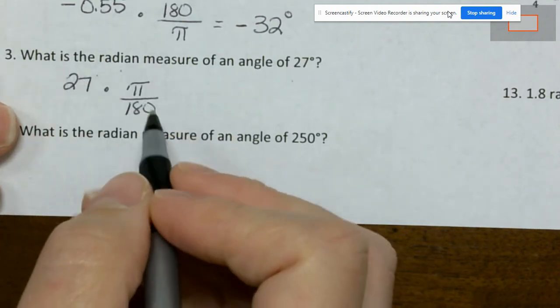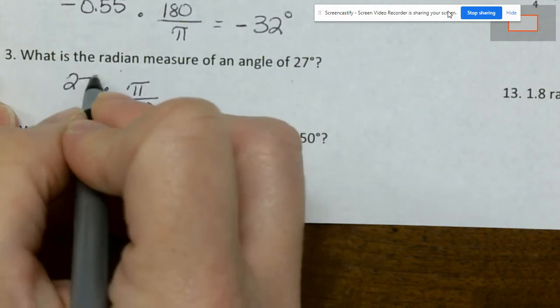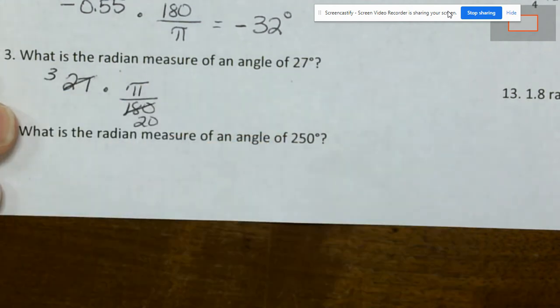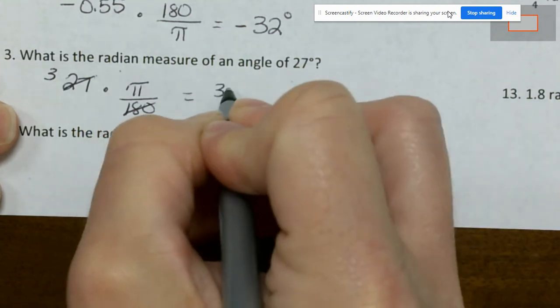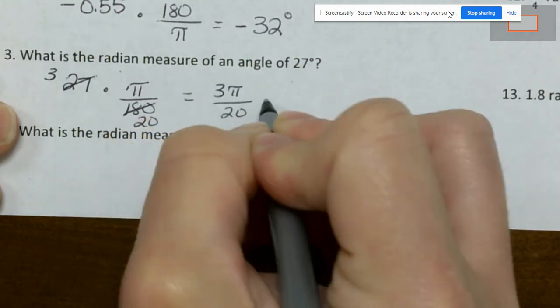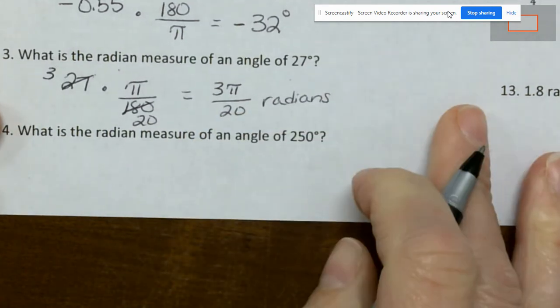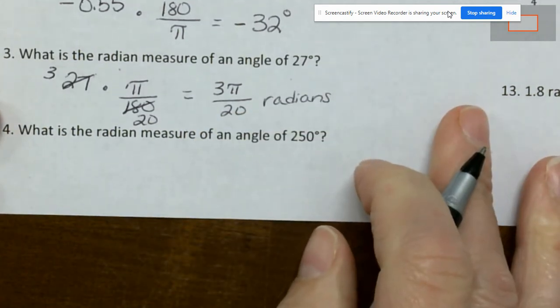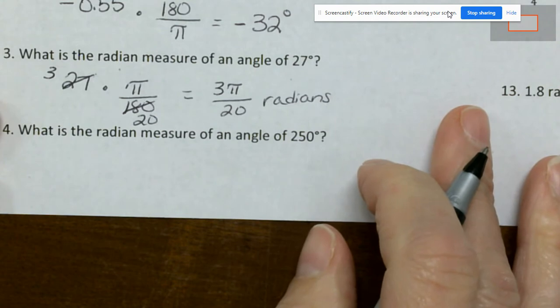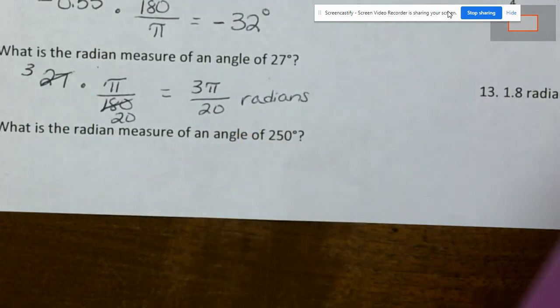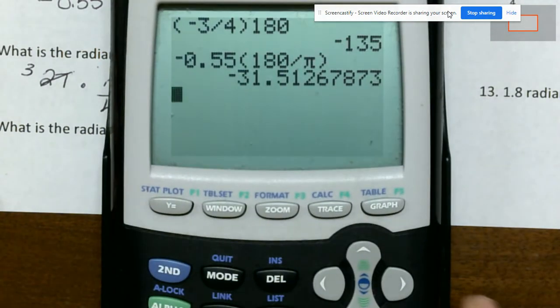You can take 9 into 27 and make that 3, and you can take 9 into 180 and make that 20. So this would be 3 pi over 20 radians. If you wanted to convert that to a decimal, that's okay.